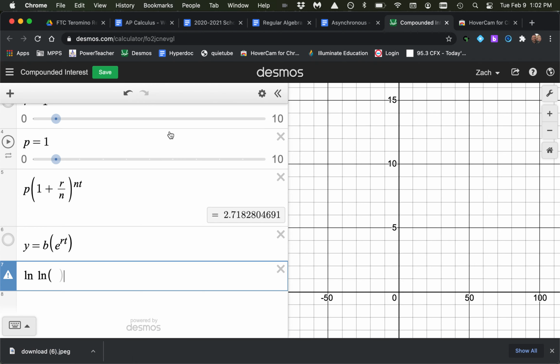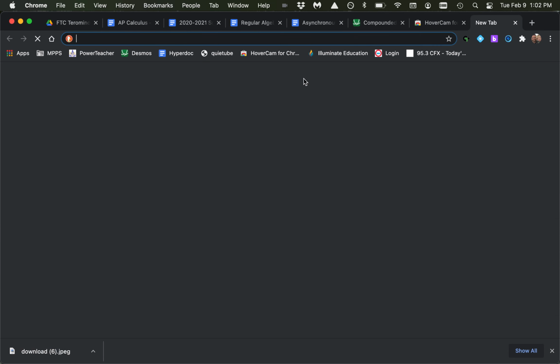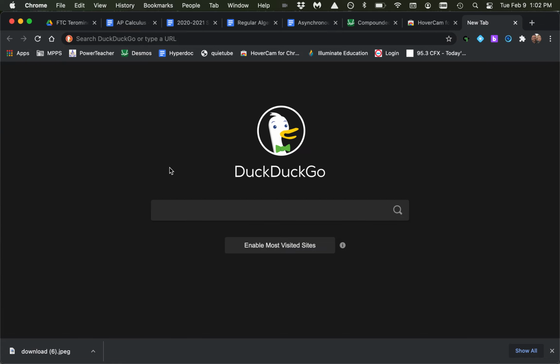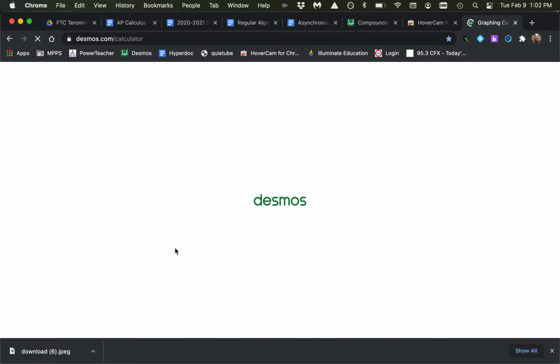So what you're going to do is just go to your graphing calculator. Let's go with a new Desmos screen here. Let's see how long it takes to load. A while, it turns out.